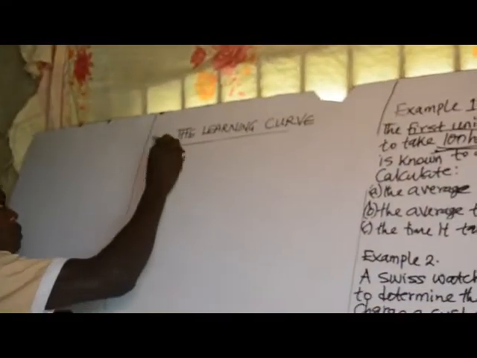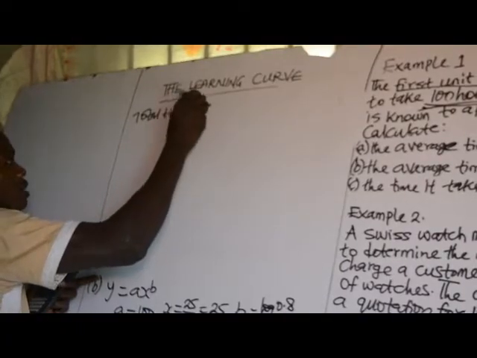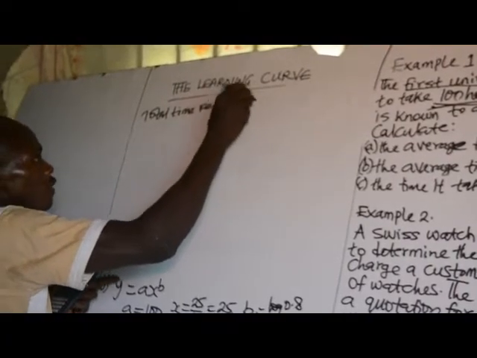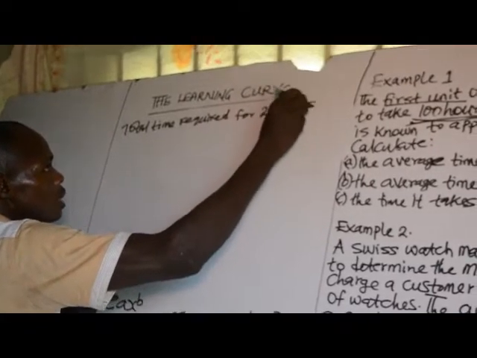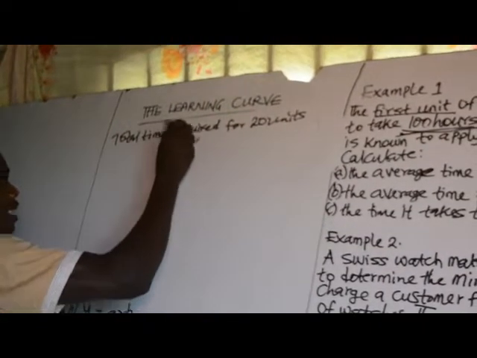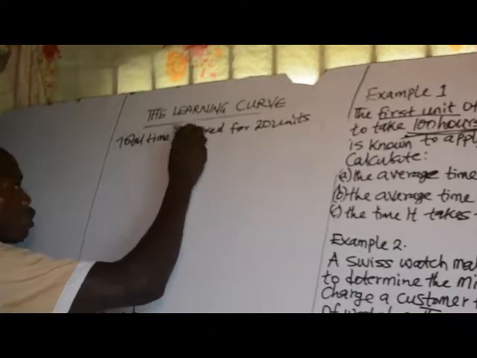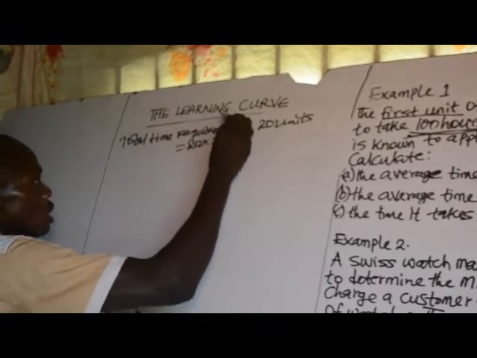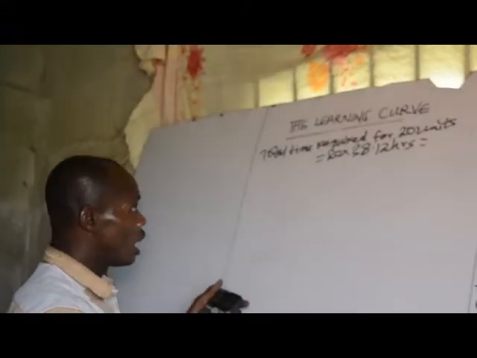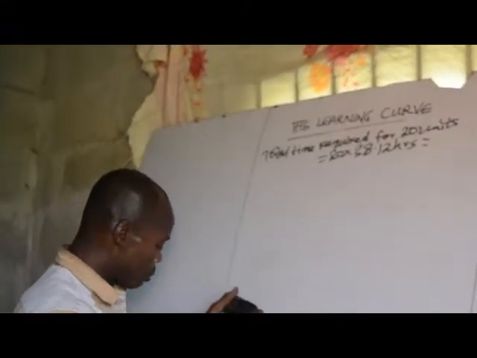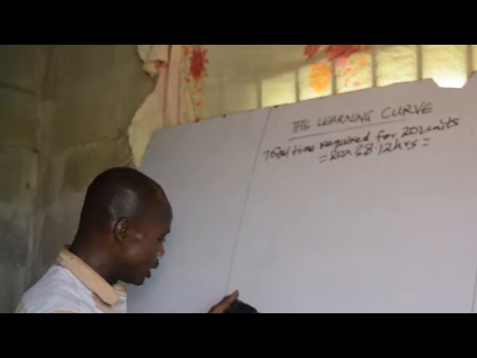Now, what will be the total time required to produce the whole 20 units? Total time required for 20 units. That will be 20 times 38.12. That gives us 38.12 times 20.